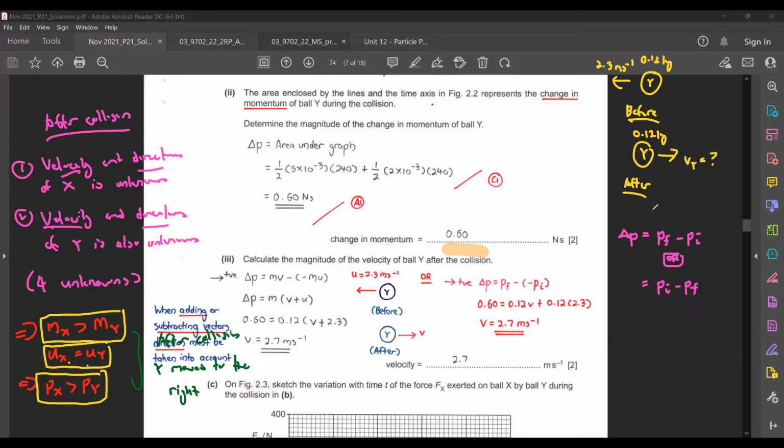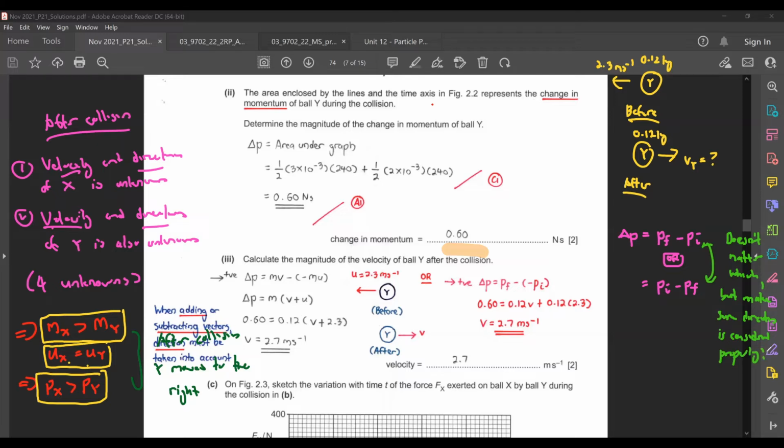Final minus initial, initial minus final. It doesn't matter which one, but make sure direction is considered properly.